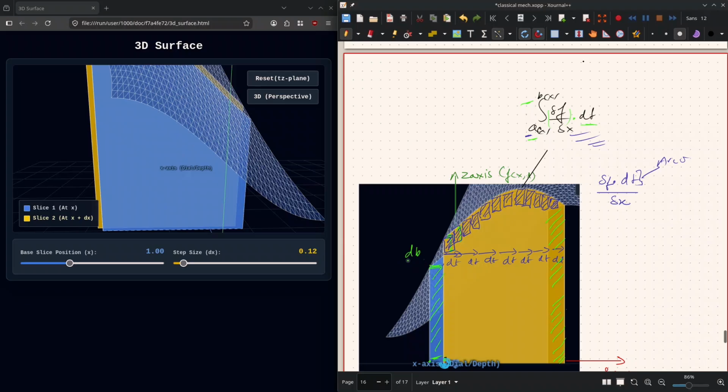This is the rate of change in boundary when we took a small step dx, right? And what was the height of this patch? It is simply the value of the function at b, right? So we get this for the area.